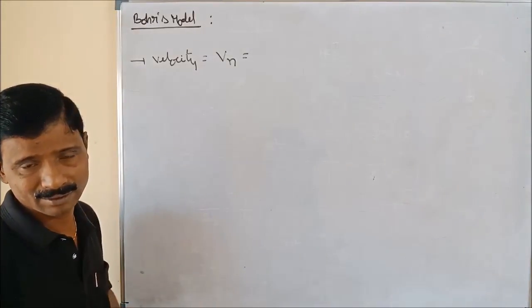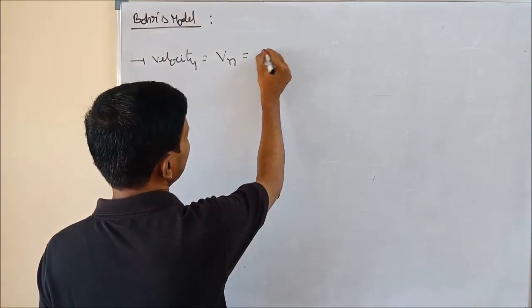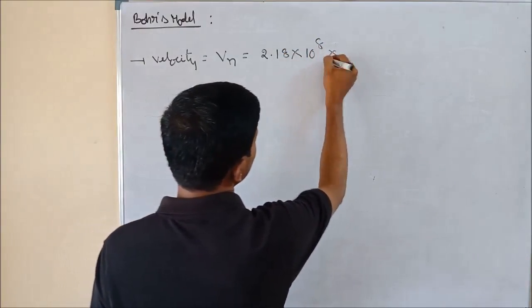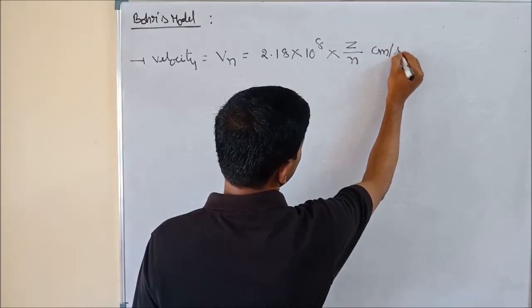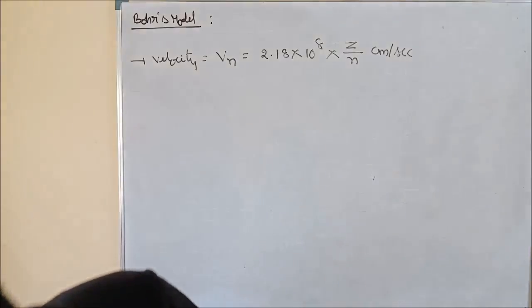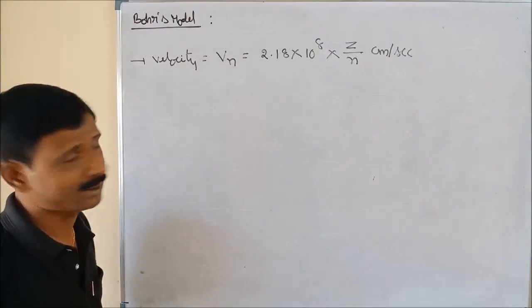So what about its velocity? For that, the direct formula on simplification is 2.18 into 10 power 8 into Z by n centimeter per second. That is the formula we have to use to calculate the velocity of the electron directly.